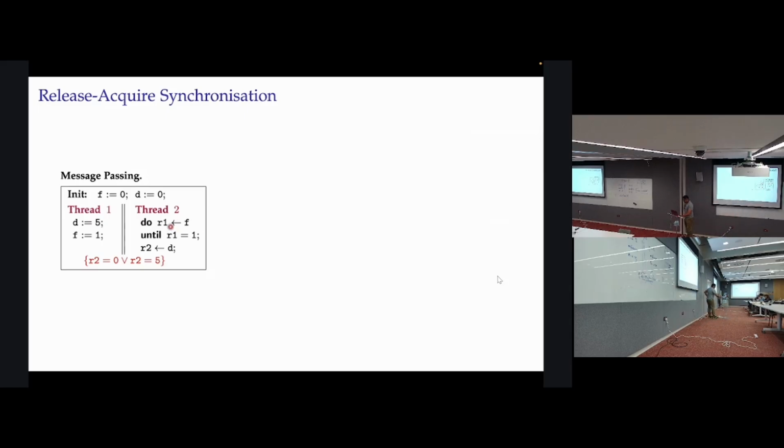Although this loop only terminates once you've seen 1 for f, you can get to the end of the loop and then still see the old value for d. That was the example we were looking at before.